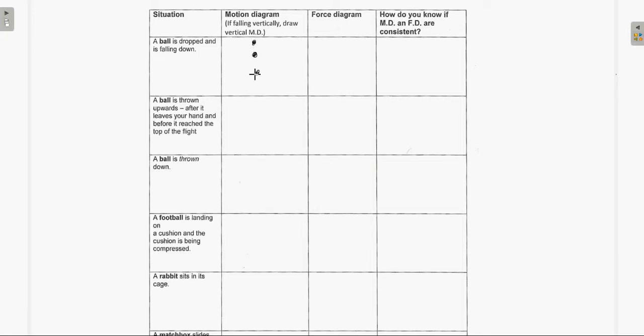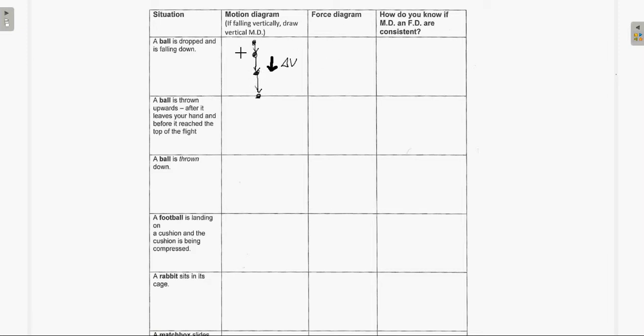And this one gets a bit further away, a bit further away, a bit further away, resulting in a downward accelerating motion, and of course the delta V arrow is going to be in the direction of the bigger arrows, which is this way. That's a trick you can use. Delta V arrow always points in the direction of the bigger arrows.